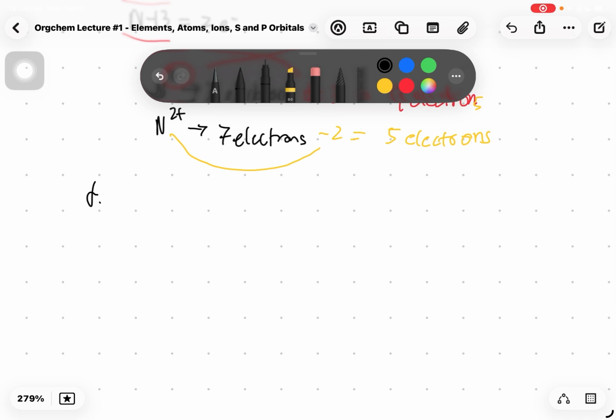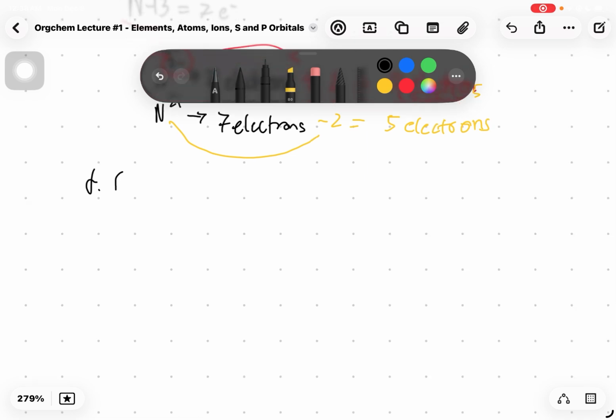So for our fourth question, the group number. Again, let's reiterate what we have on the second period of the periodic table. We have lithium, beryllium, boron, carbon, nitrogen, oxygen, fluorine, and neon. Our lithium is in group 1A.